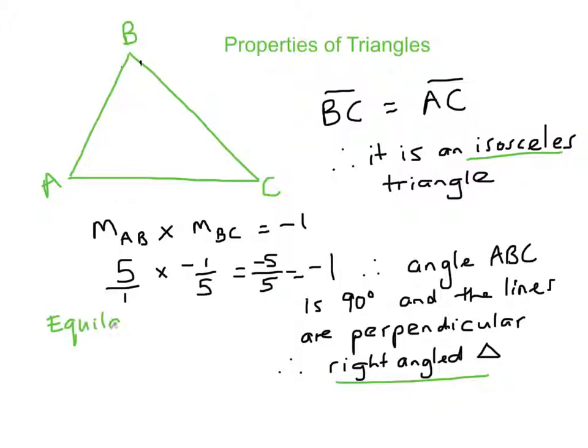If we worked out that all the sides were the same length, we would say this proves that it's an equilateral triangle. Or, if all the sides are not the same length, we can say it's a scalene triangle, with 3 different lengths for the sides. Those are some properties of our triangles. So we have isosceles, equilateral, scalene, and right-angled.